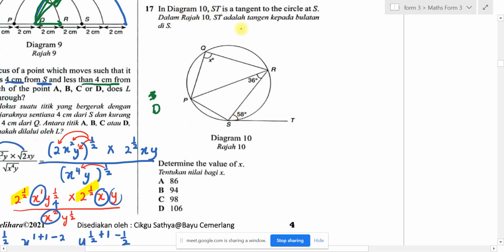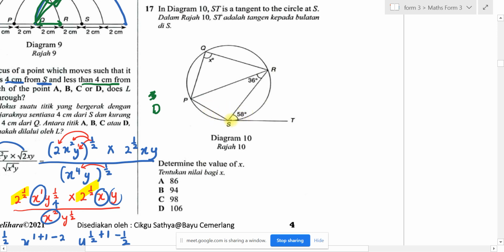In diagram 10, ST is a tangent to the circle. The question is to find the value of X. They never mentioned whether PR is a diameter or not. But what conclusion can we make here?